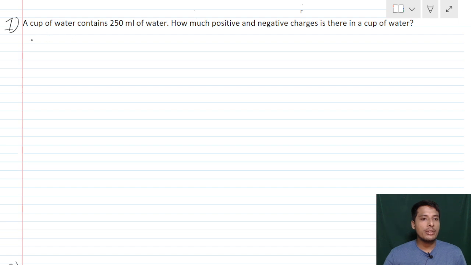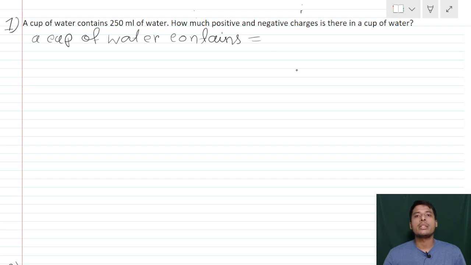So if I want to write first, a cup of water contains 250 milliliter, that means 250 gram, because we know 1 milliliter equals 1 gram. So we can write 250 gram of water.